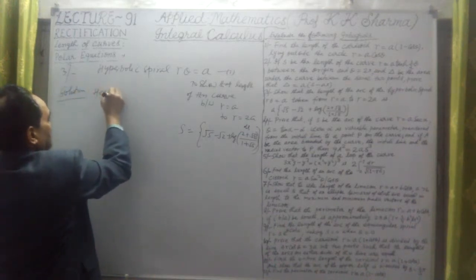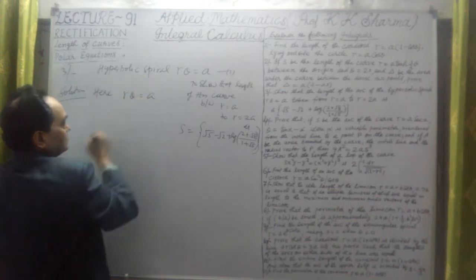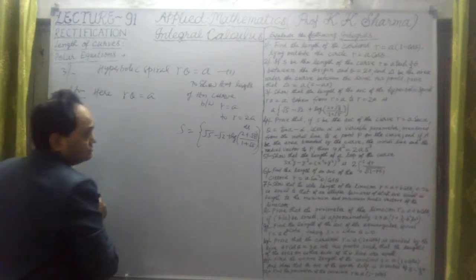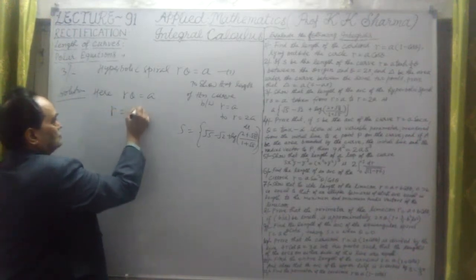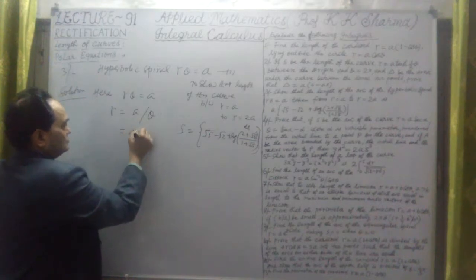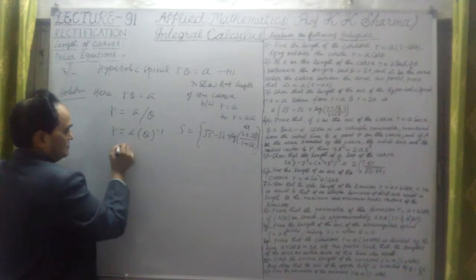Here the hyperbolic spiral is r theta equal to a, or we can say r is equal to a upon theta. That means this is a into theta raised to the power minus 1. This is the value of r.